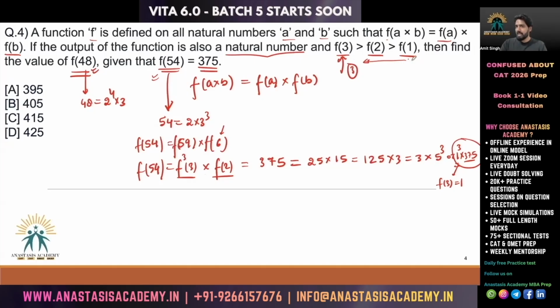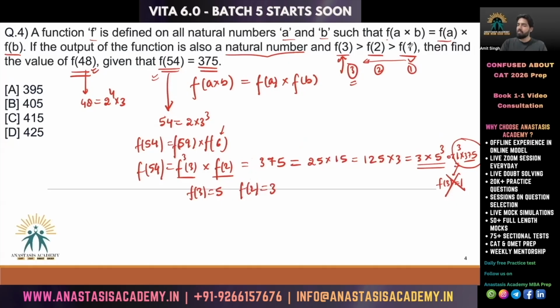Why? Because in that case, f1 would be 1, f2 would be 2. So the minimum value is 3. How can it be 1? So this is not possible. So we need to compare these two sides. Comparing with these terms, I get f of 3 as 5 and f of 2 as 3.